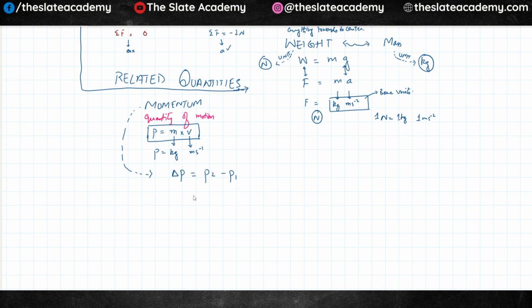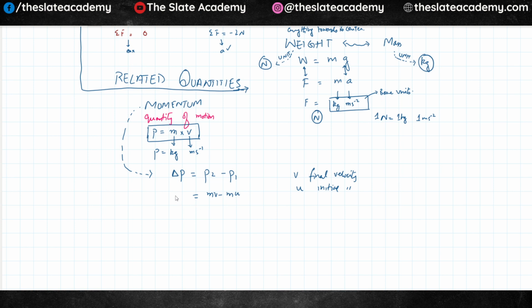Usually we use the symbol V for final velocity, and we use the symbol U for initial velocity. So the change in momentum would be mv minus mu.